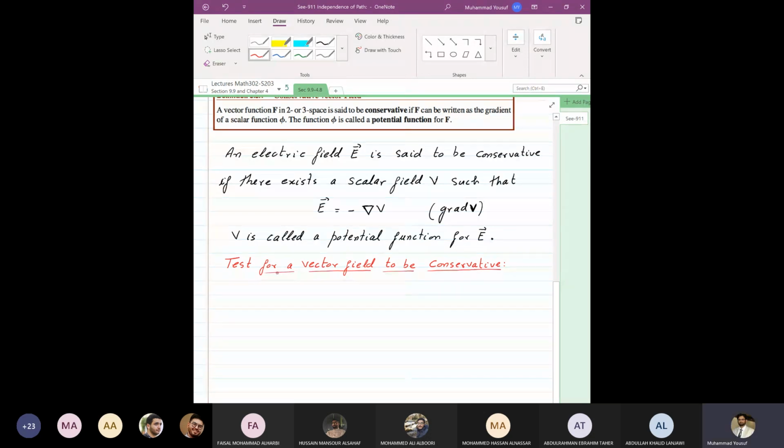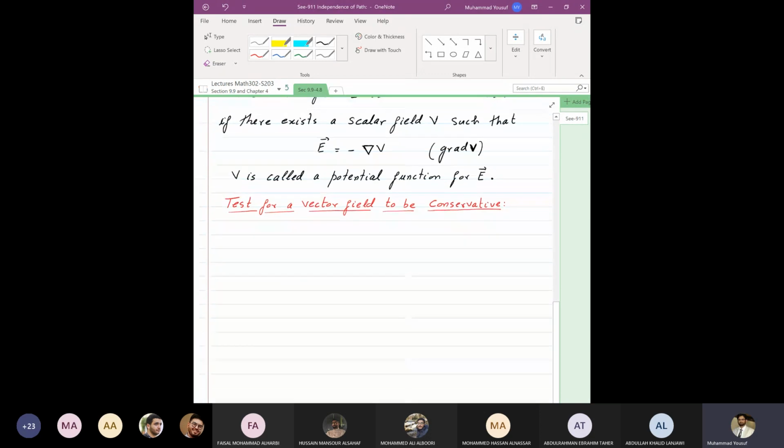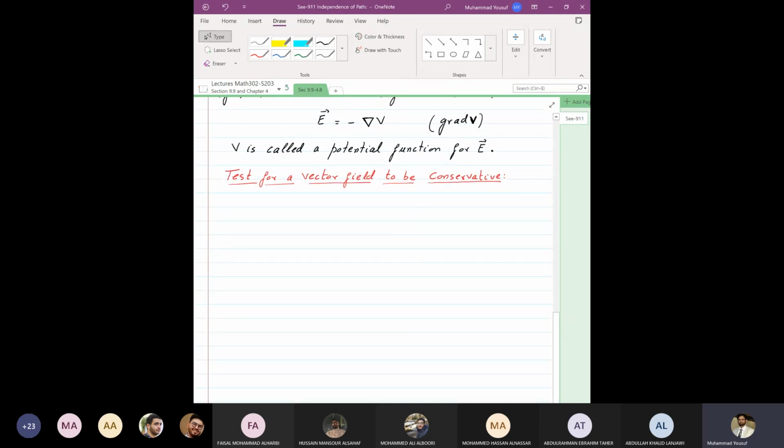You can check in two ways. Number one, similar to what you learn in Math 202. Some of you, maybe all of you, may have taken this Math 202 course, where you learn something similar to exact differential equations.